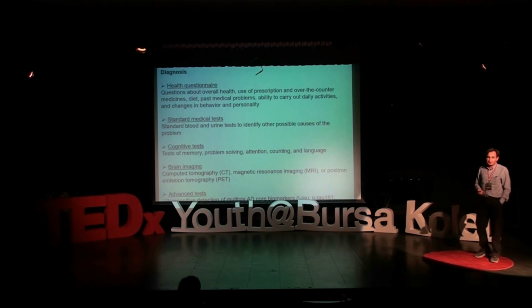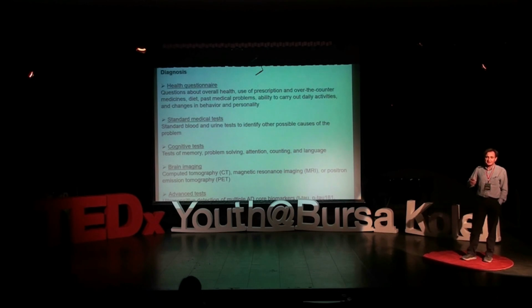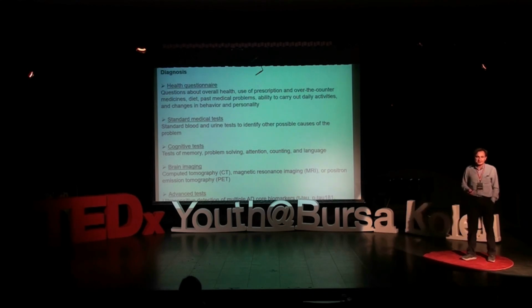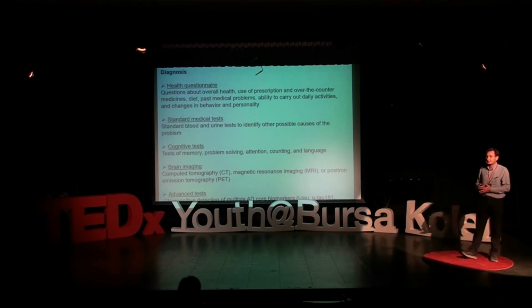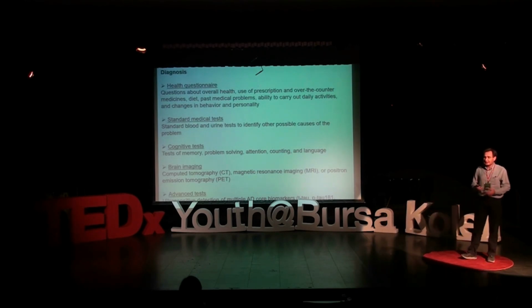Brain imaging is also valuable, like CT, computer tomography, MRI or PET, positron emission tomography is also very important. And very recently, some blood tests that profile Alzheimer's disease biomarkers are very important tests for diagnosing Alzheimer's disease, especially in the early term, and some of these tests are also done in our country.